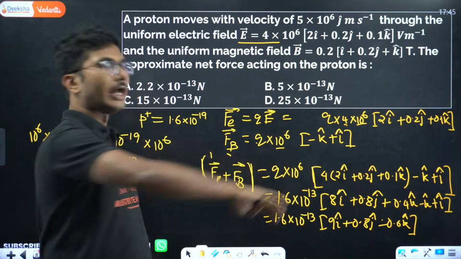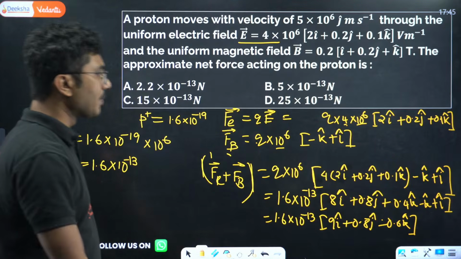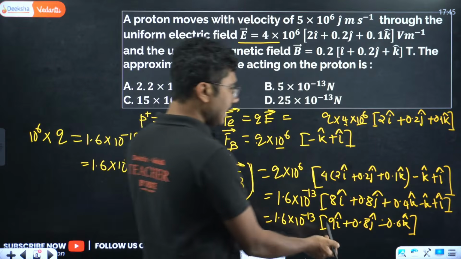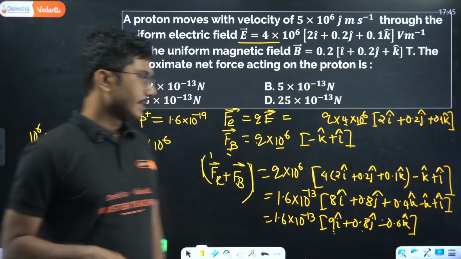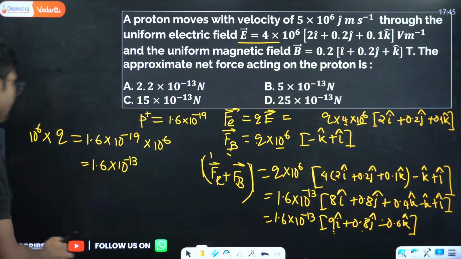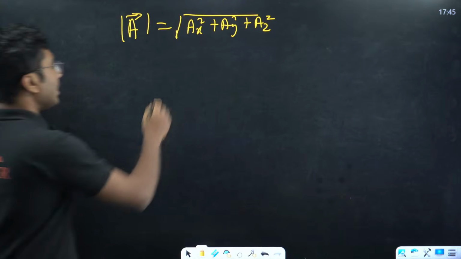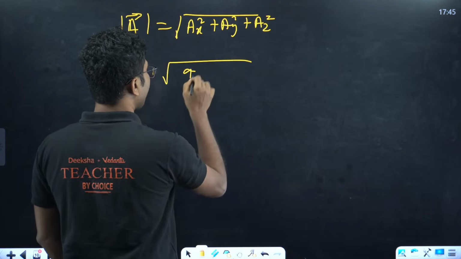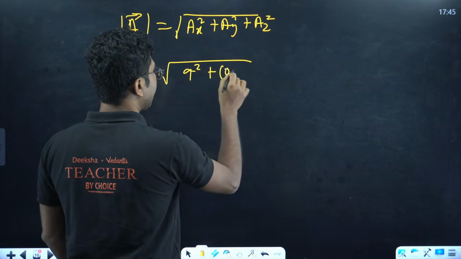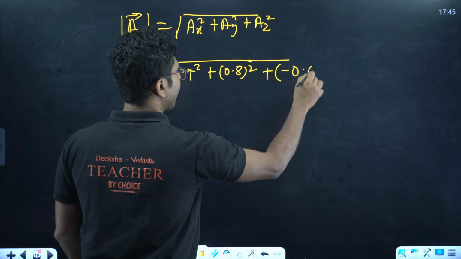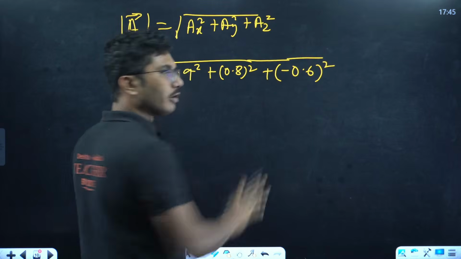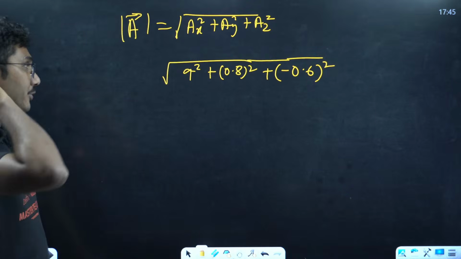You don't need to do that for this particular problem, because you see that this 9 is way bigger than 0.8 and 0.6. So if you just do 9 square plus 0.8 square plus minus 0.6 square, obviously, pay no attention to the minus sign when calculating the magnitude.